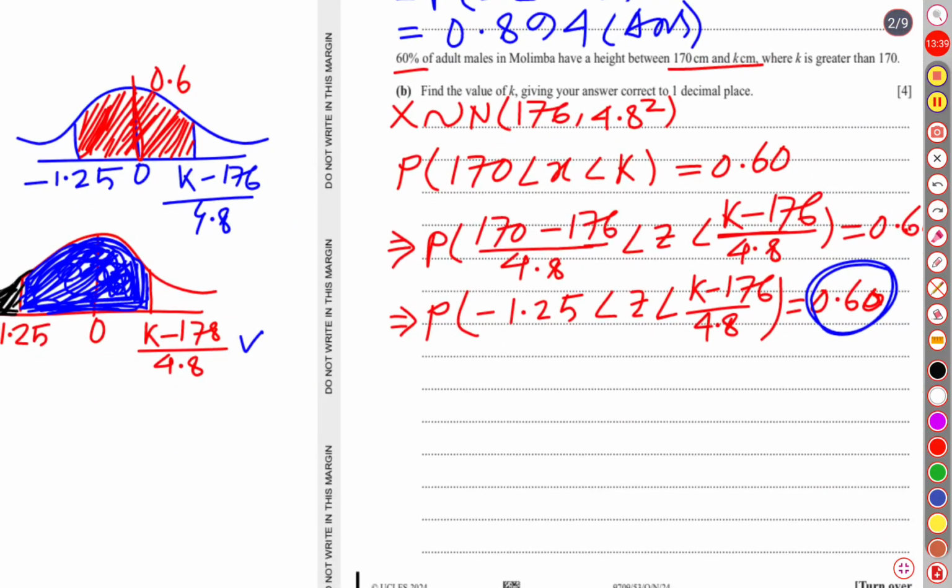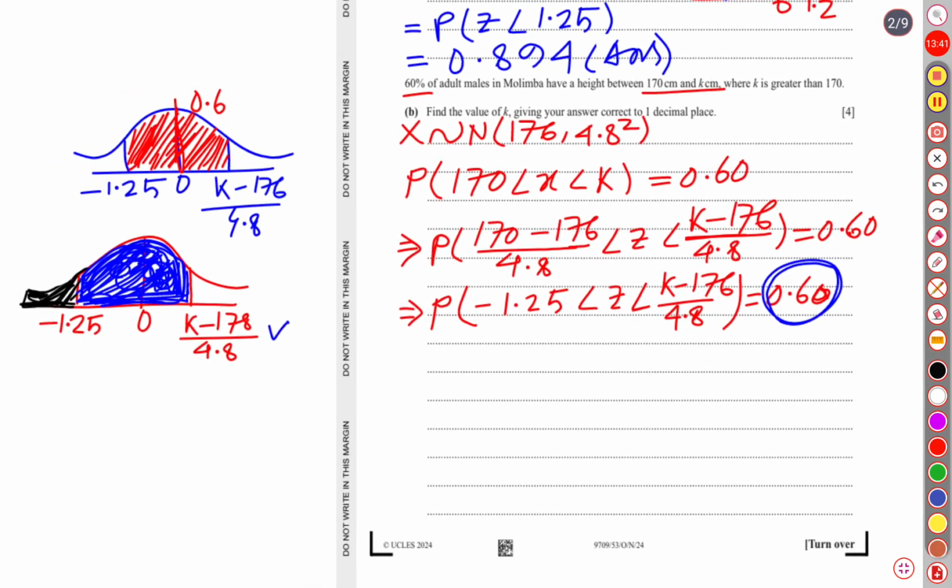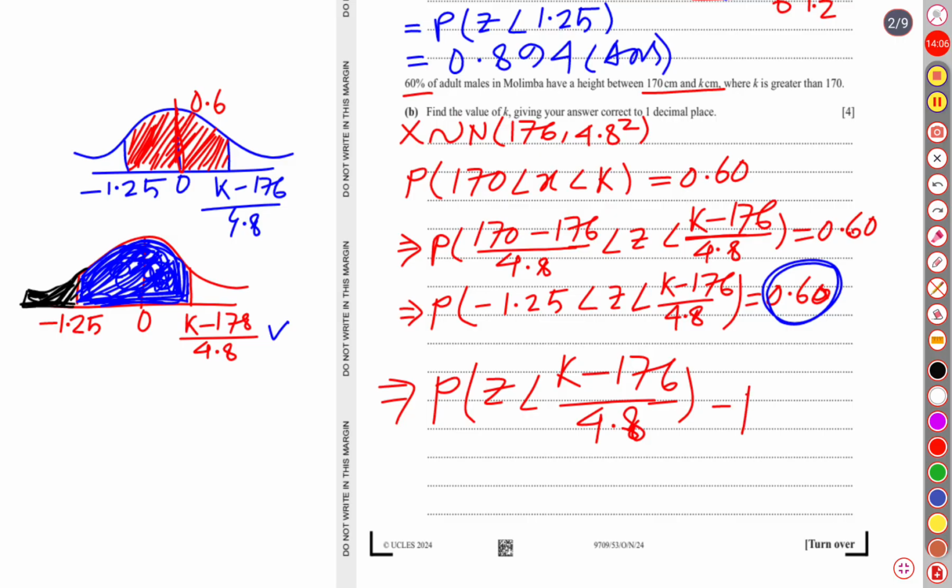We will write over here: the probability of z-score less than (k minus 176) over 4.8, from which we will subtract the tiny part, when z-score is less than negative 1.25.